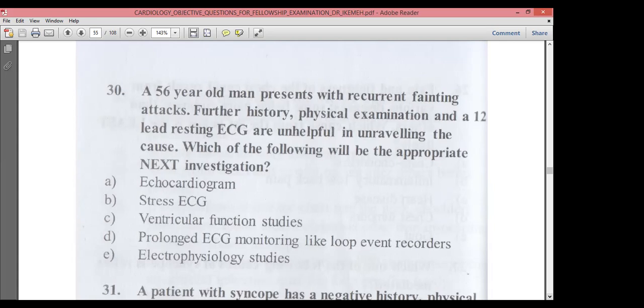They include SA node dysfunction, AV node dysfunction, supraventricular tachycardias, ventricular tachycardias, and even channelopathies. It's important for us to do Holter to check if he has any of these arrhythmias coming in intermittently. So that's the answer. D, Holter is the answer.